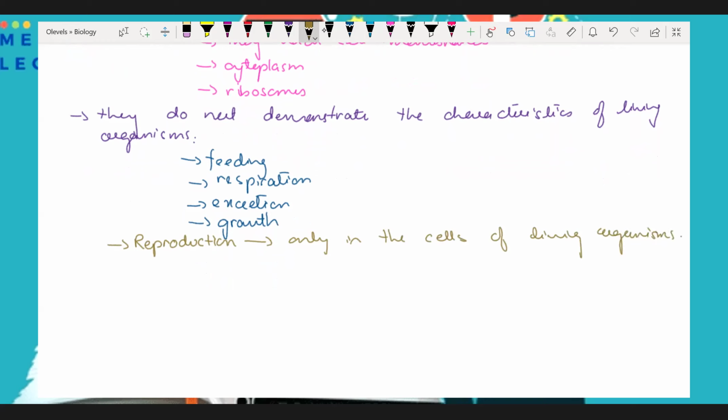That is where they reproduce, and they do so by using the materials provided by the host body or host cell.